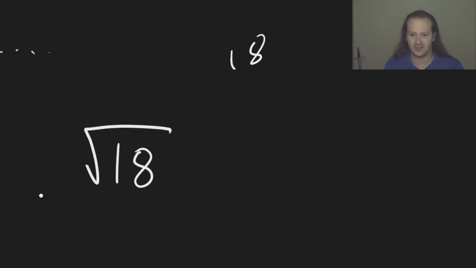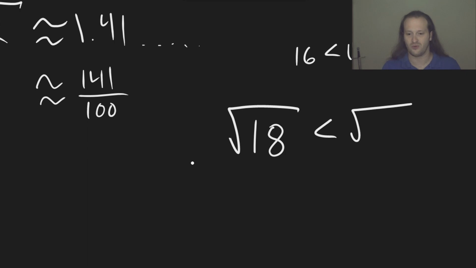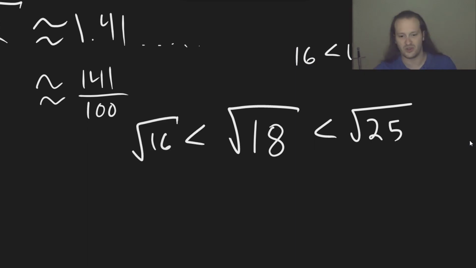But I do know that 18 is in between 16 and 25. I mean, duh. But I chose 16 and 25 because they are perfect squares. So if we can say this, then we can say that the roots are in between them as well.